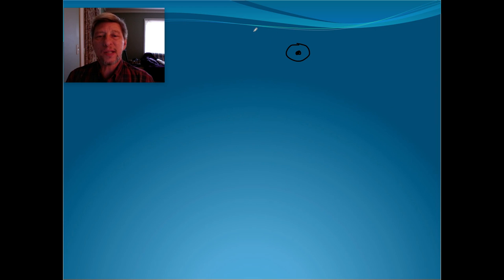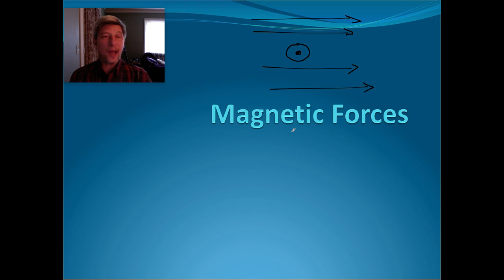Now, let's say that the magnetic field lines are going this way toward the left, or right rather, I did it again, toward the right. In this case, what's going to happen to the magnetic force? Well, the thumb's pointing toward you.